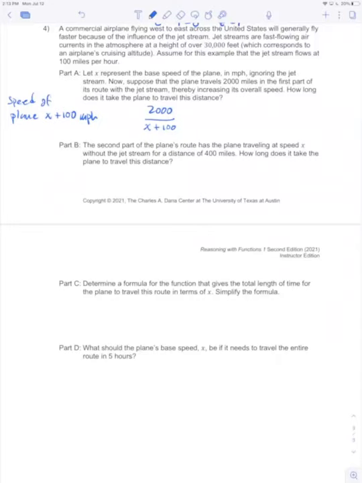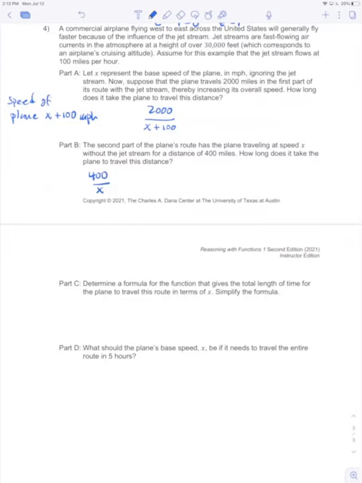Okay, let's go to part B. The second part of the plane's route has the plane traveling at speed x without the jet stream for a distance of 400 miles. How long does it take the plane to travel this distance? So it's going to take the plane 400 over x hours to travel this distance.